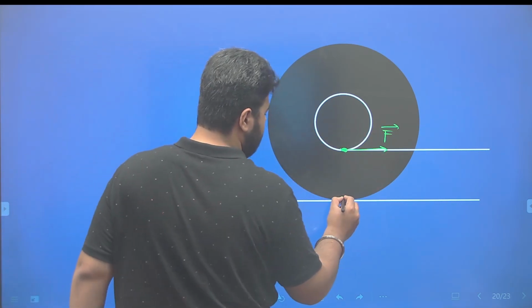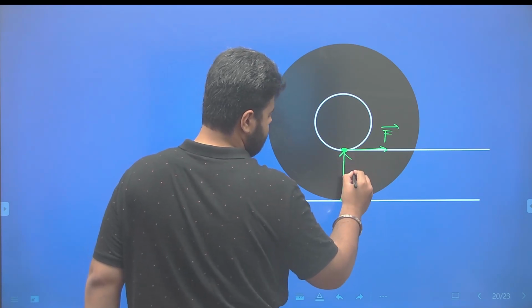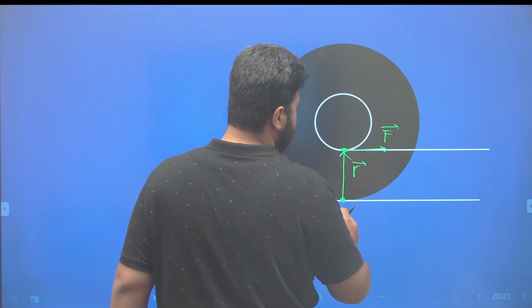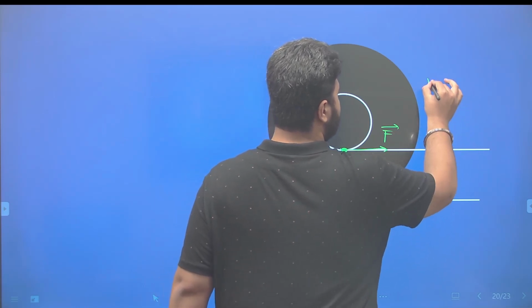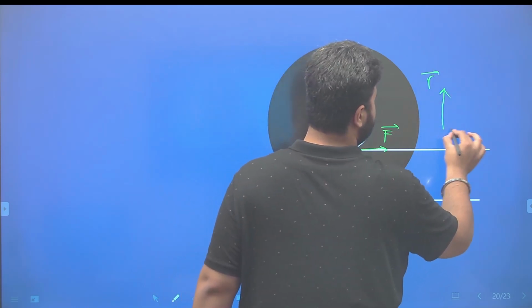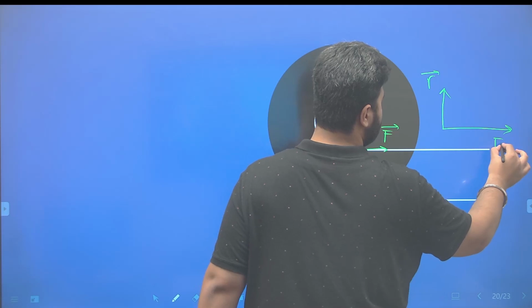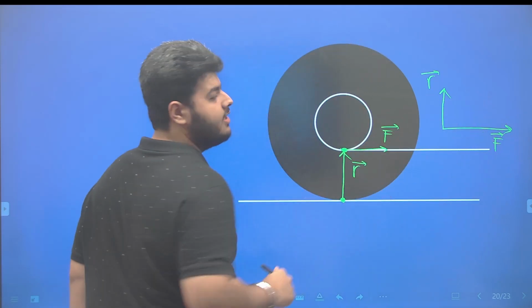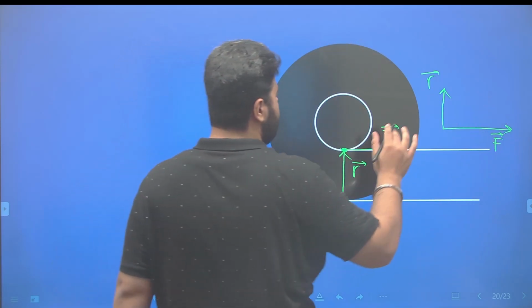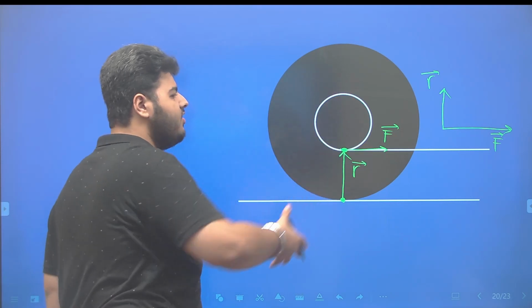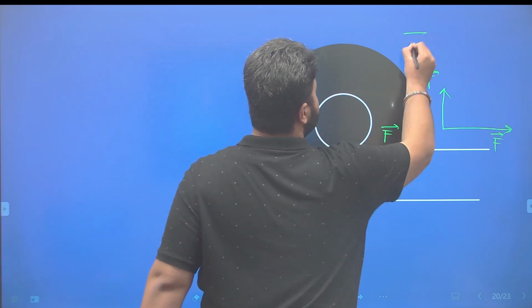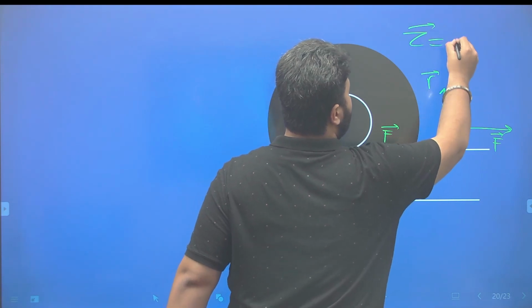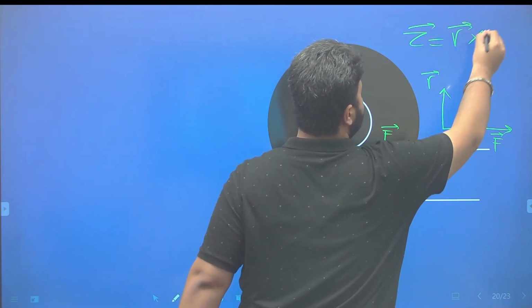We have the position vector like this, where the direction of position vector is upwards and direction of the force is in this direction. Now if I talk about the torque acting on the spool due to the force, we have that torque is equal to R cross F.